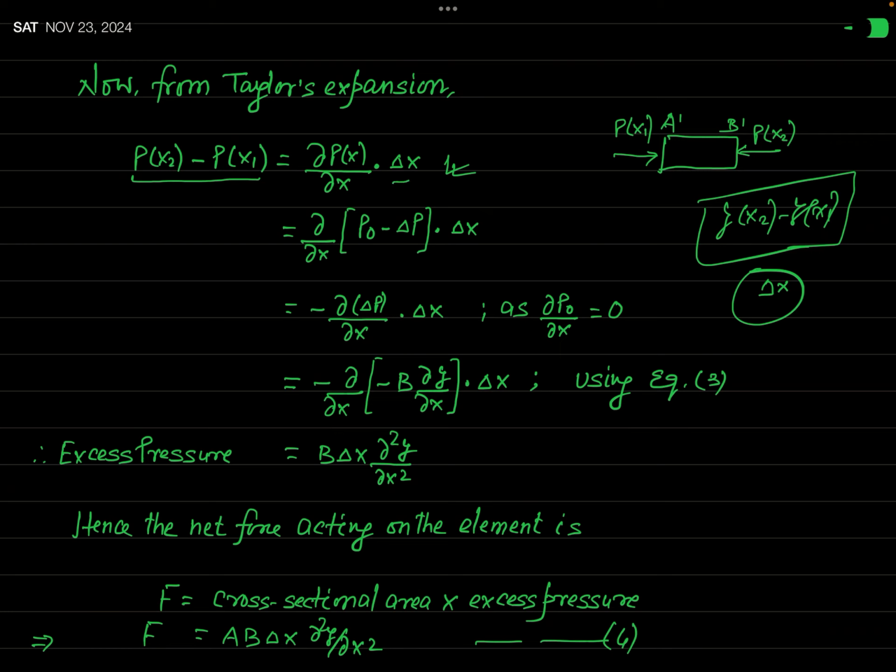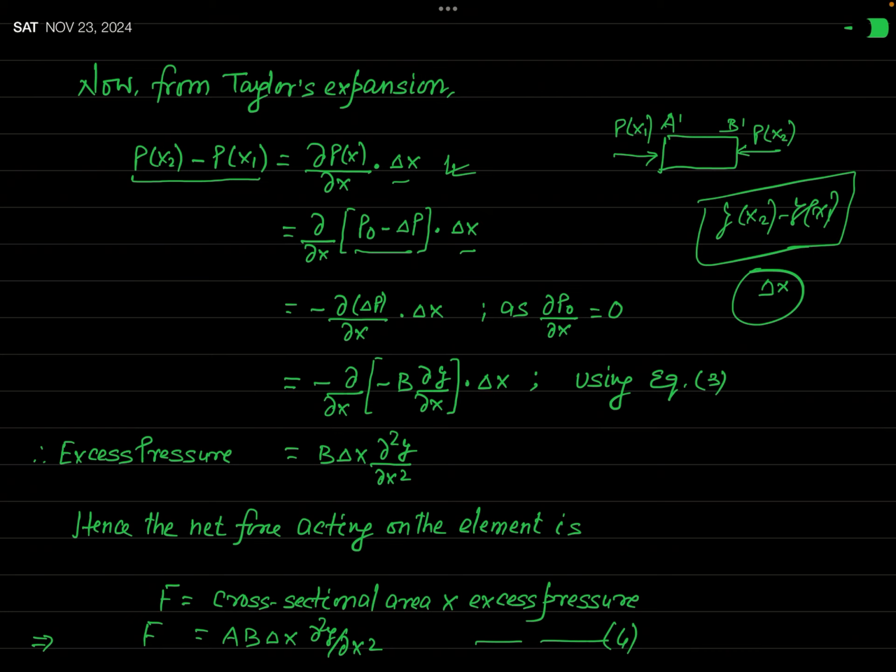But what is this P of x? This is P1 of x, which is P naught minus delta P. So this can be written as del by del x of P naught minus delta P, times delta x.